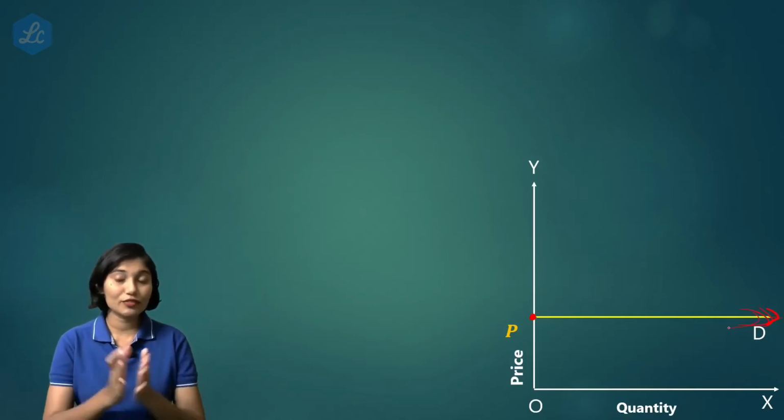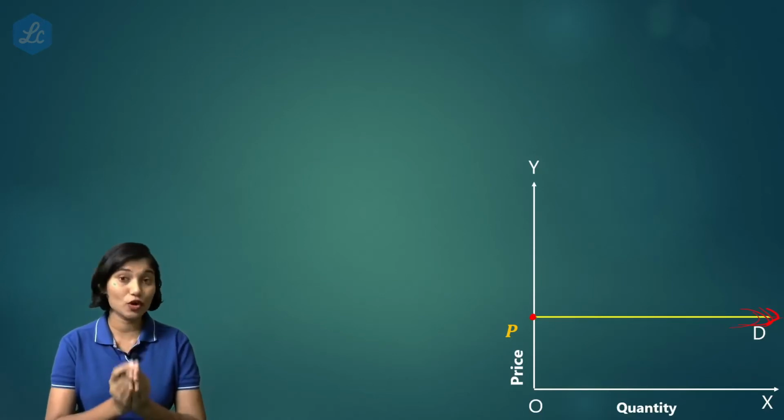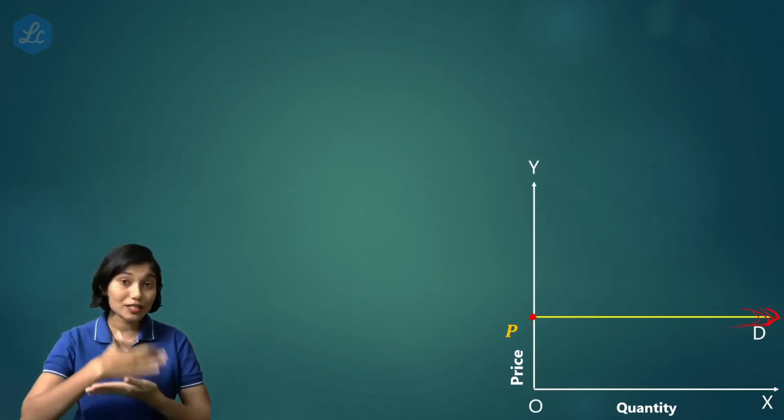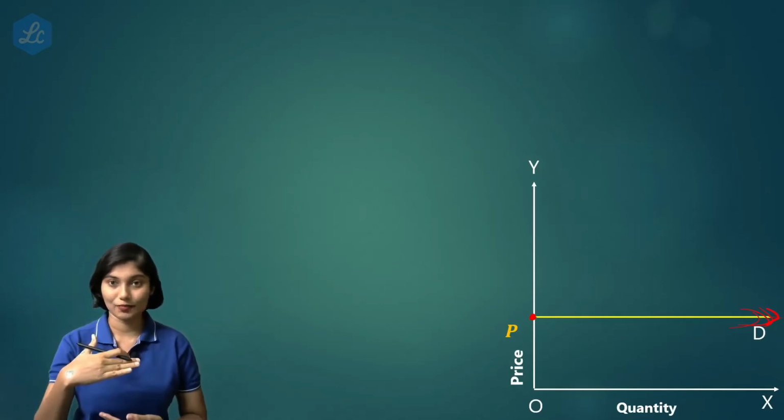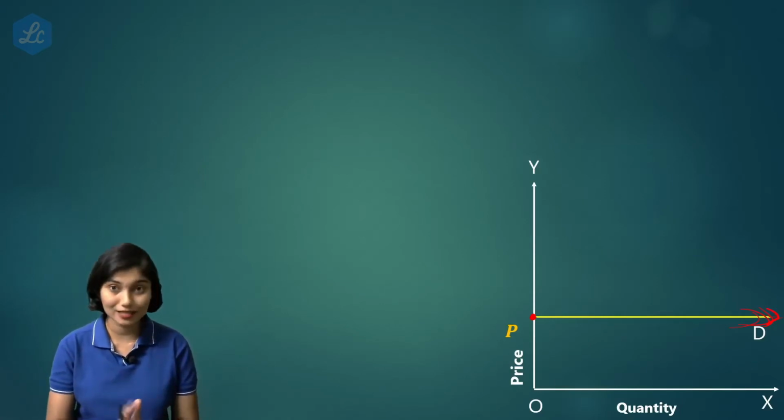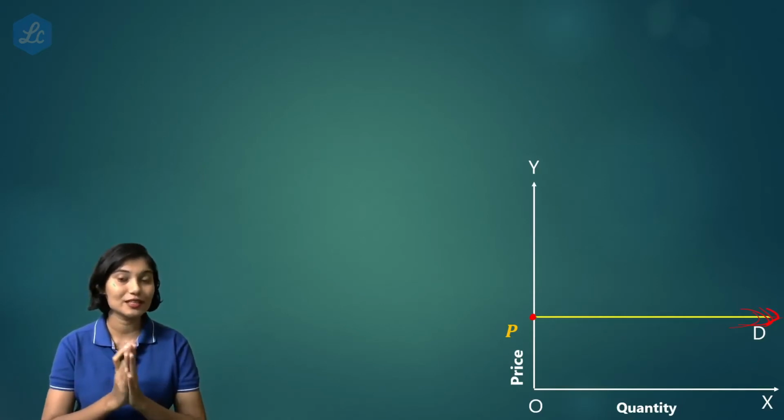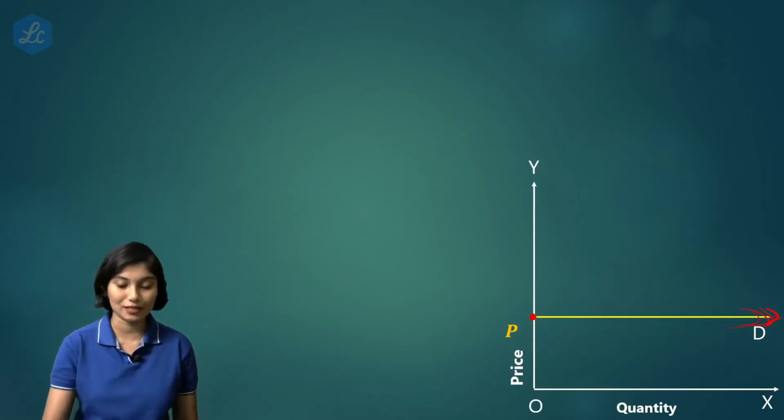So if they say that your demand curve is horizontal to your x-axis, what sort of elasticity is it? You should understand that it is infinite elasticity. Okay. EP is equal to infinity.